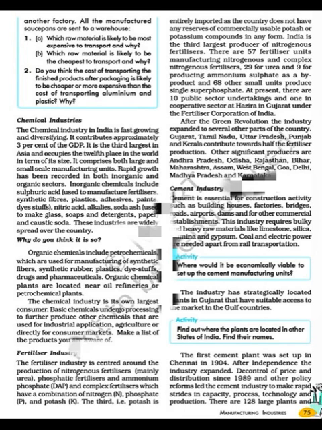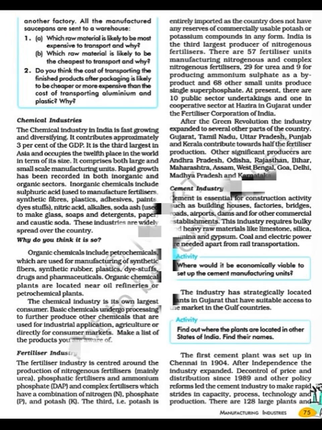So here, inorganic chemicals, students, include sulfuric acid, which is used to manufacture fertilizers, synthetic fibers, plastics, adhesives, paints, dye stuffs. Then we have soda ash. Inorganic means these are the group of chemicals that contain no carbon.